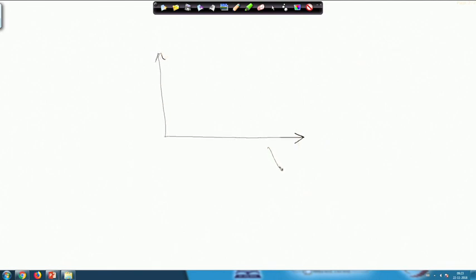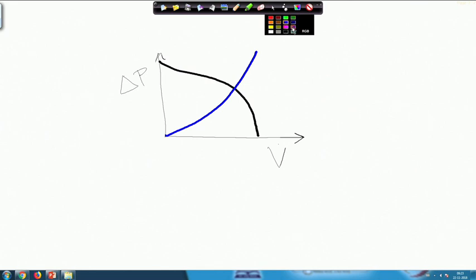This was my flow rate and this was my delta P. So, we said that the fan curve looks something like this, and the system impedance curve will be something like this, and the operating point is the point of intersection, and this will be the flow rate.